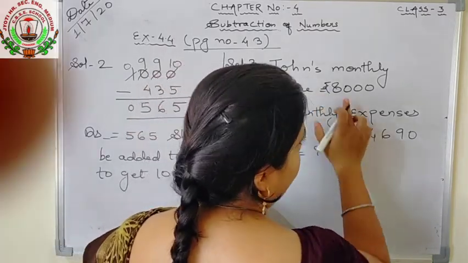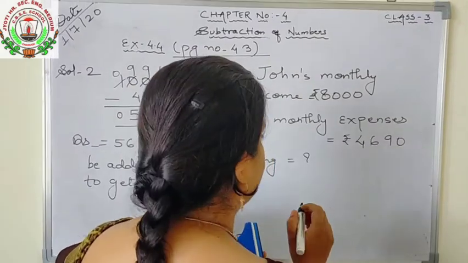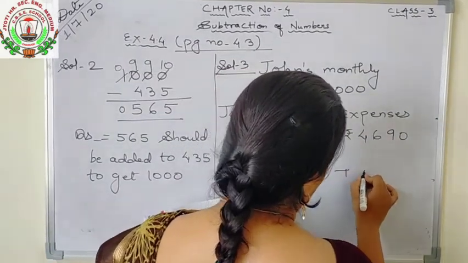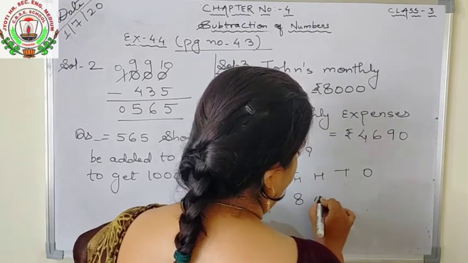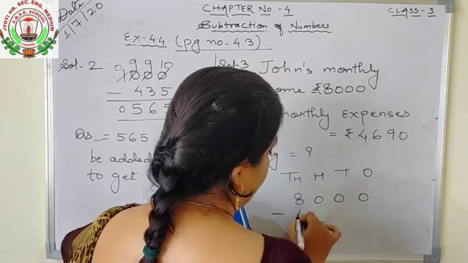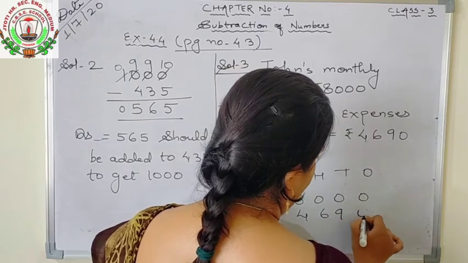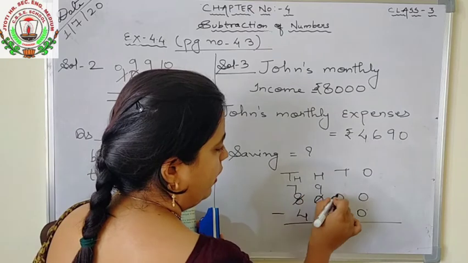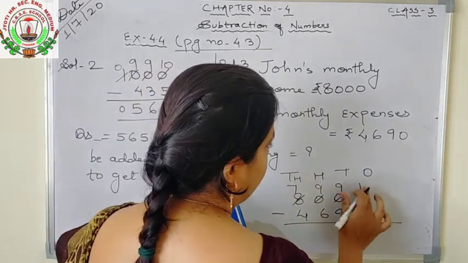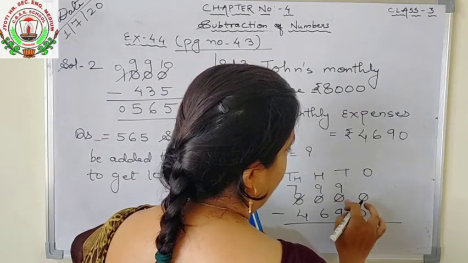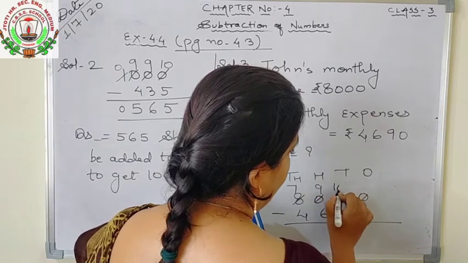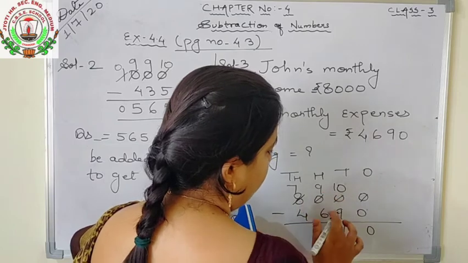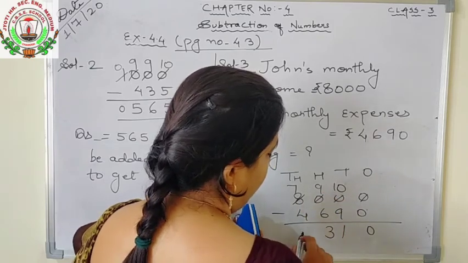When we subtract these two numbers, we will get the saving. First we will write thousands, hundreds, tens, ones. 8,000 minus 4,690. 7, 9, 9, and this will become 10. 0 minus 0 is 0. 10 minus 9, 1. 9 minus 6 is 3. 7 minus 4 is 3.